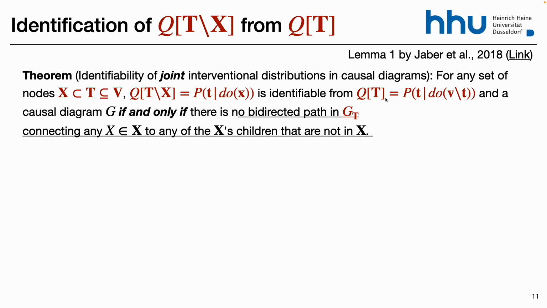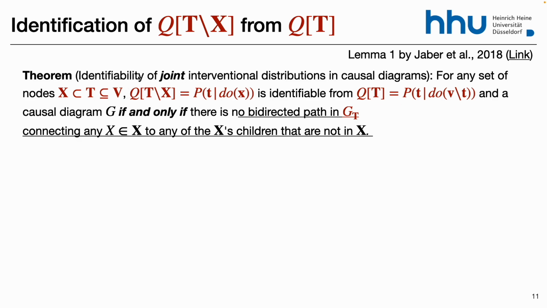This is going to be important because we are going to break down the problem by knowing some joint probability distributions and trying to compute the Q factors from them in the ID algorithm. So QT is always identifiable.